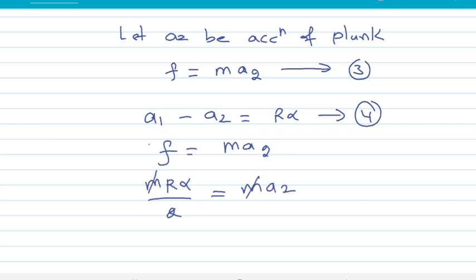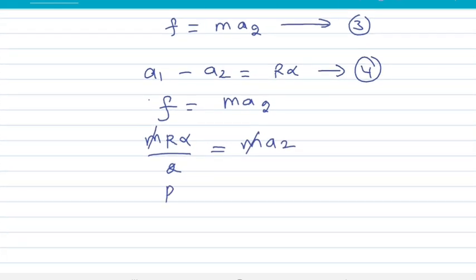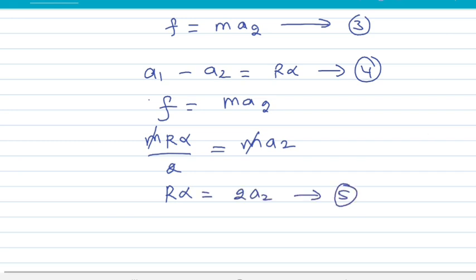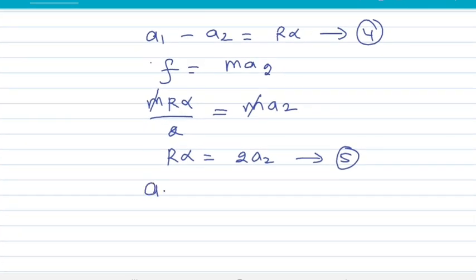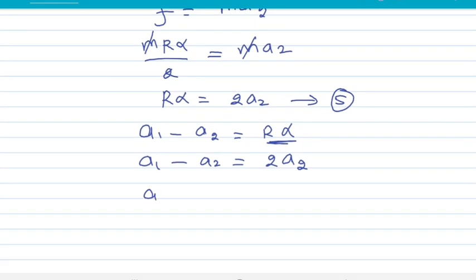M is cancelled, so I get R alpha is equal to 2 A2. This is equation number 5. From A1 minus A2 is equal to R alpha, in the place of R alpha I can take 2 A2, so I get A1 is equal to 3 A2. This is equation number 6.